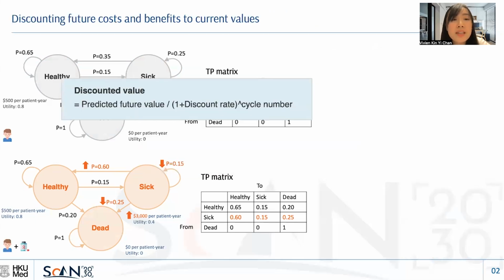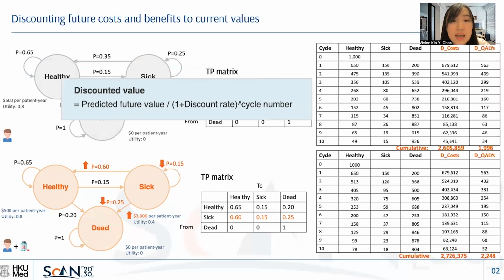Sometimes in an HTA or cost effectiveness analysis publication that you see, we can find that people are applying discounting to the projection as well. This is a correct way to do so because the future cost and benefit will not be as valuable as the present moment, so they have to be discounted to present values.